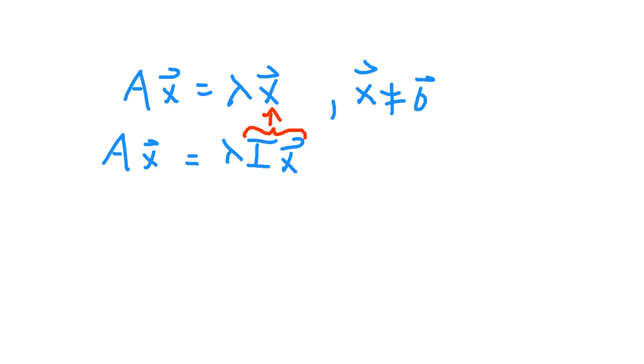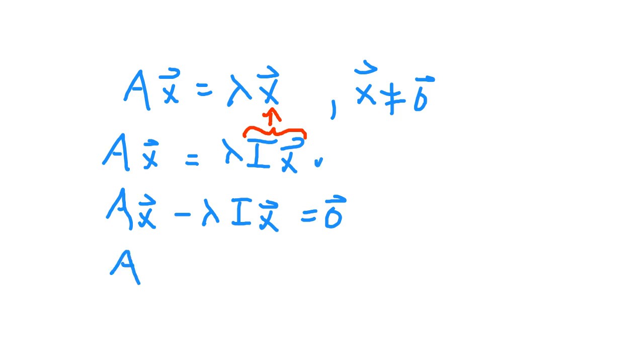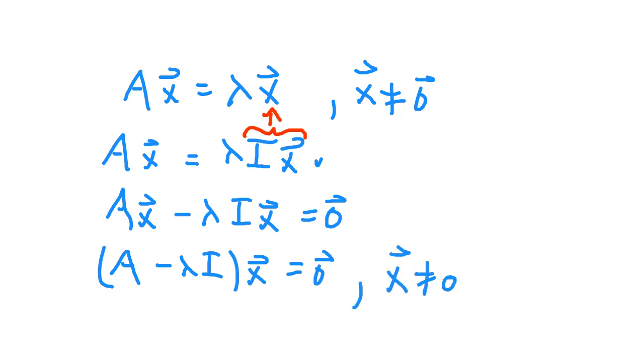So now what you can do is subtract this term to the left side, and then you can factor out the vector x on the right side. And remember, the vector x is not equal to 0.